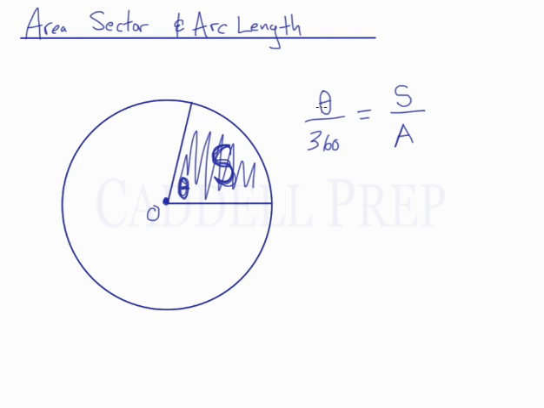So, for example, if theta is 90, we have 90 over 360 equals this area we're looking for over the total area. 90 over 360 is 1/4 equals S over A. So let's redraw this diagram so that we have theta equal 90. We'd have to make the radius come up to here, and we'll just shade in this whole thing.